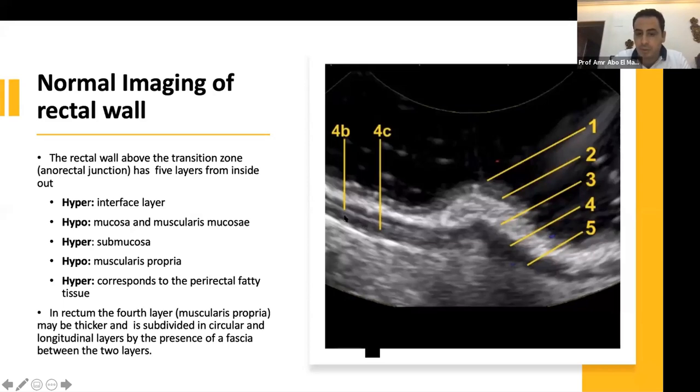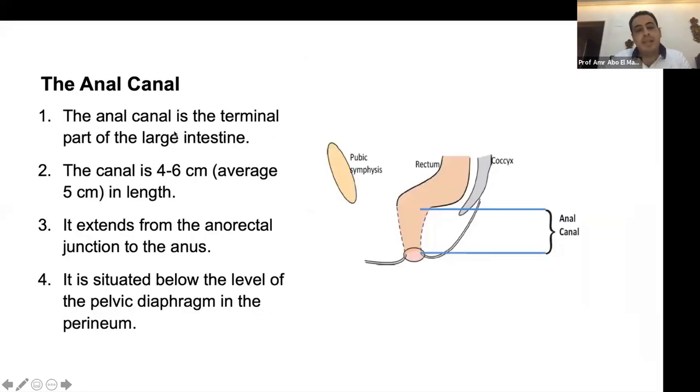Why is this important? Because the anal canal is the terminal part of the large intestine. The anal canal is approximately 5 centimeters in length and extends from the anorectal junction to the anus, and it is located below the level of the pelvic diaphragm in the perineum.